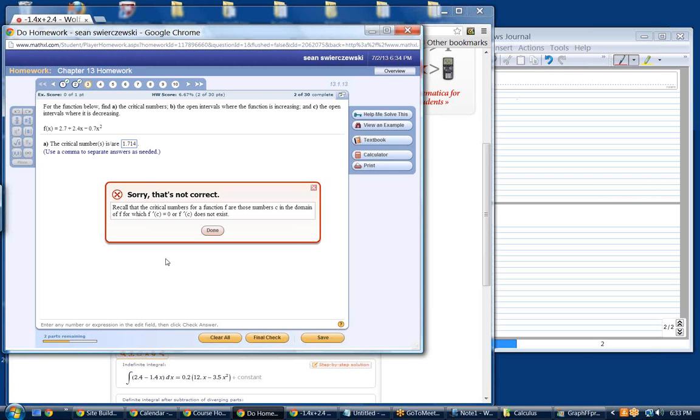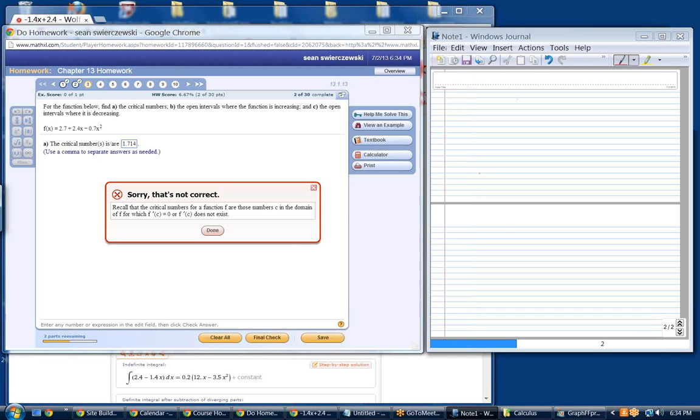Minus 1.4x plus 2.4 is the derivative. That is f prime of x. In other words, f prime of x equals minus 1.4x plus 2.4, and they want to find out what x makes this whole thing equal to 0.